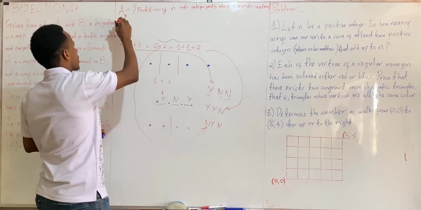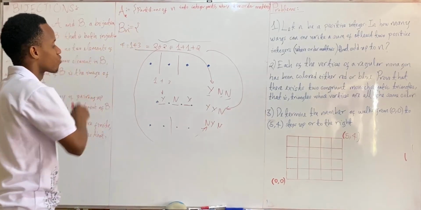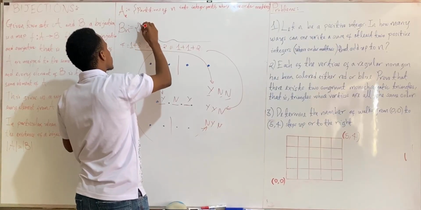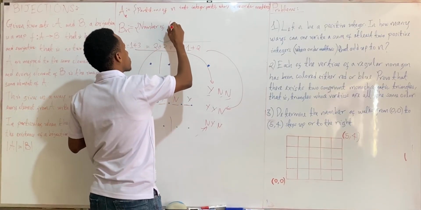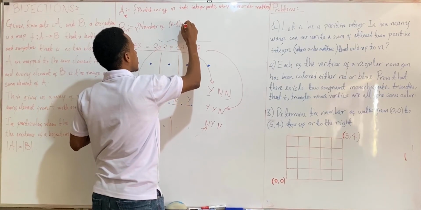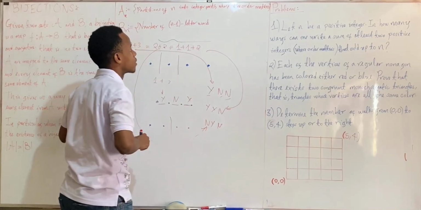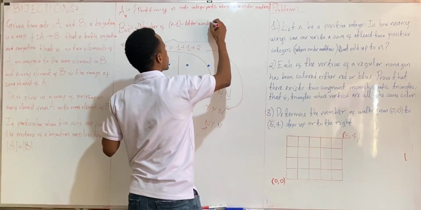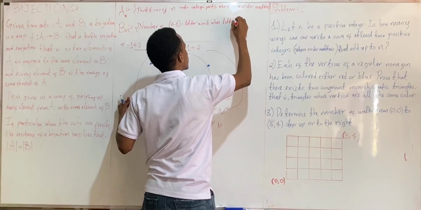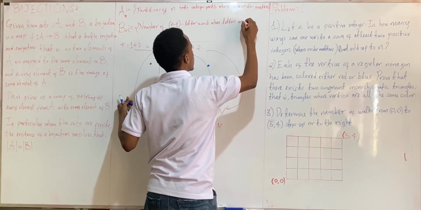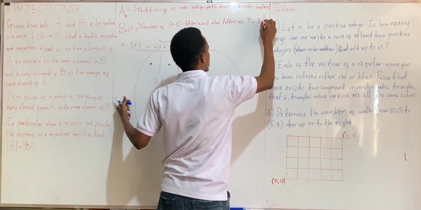And then you can define another set, call it Bn, to be equal to the number of n minus 1 letter words whose letters are either y or n.